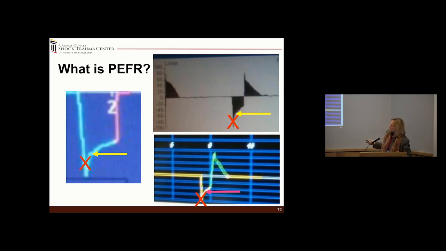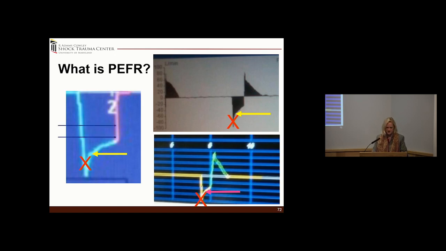Your peak expiratory flow rate is where you start to see a decay. So you can cut these off, and do you see how where it starts to separate and it starts to actually angle? That's your peak expiratory flow rate. So don't try to measure it down here at 80 liters. This one in this case is going to be measured at about 45, 50 liters. Okay?